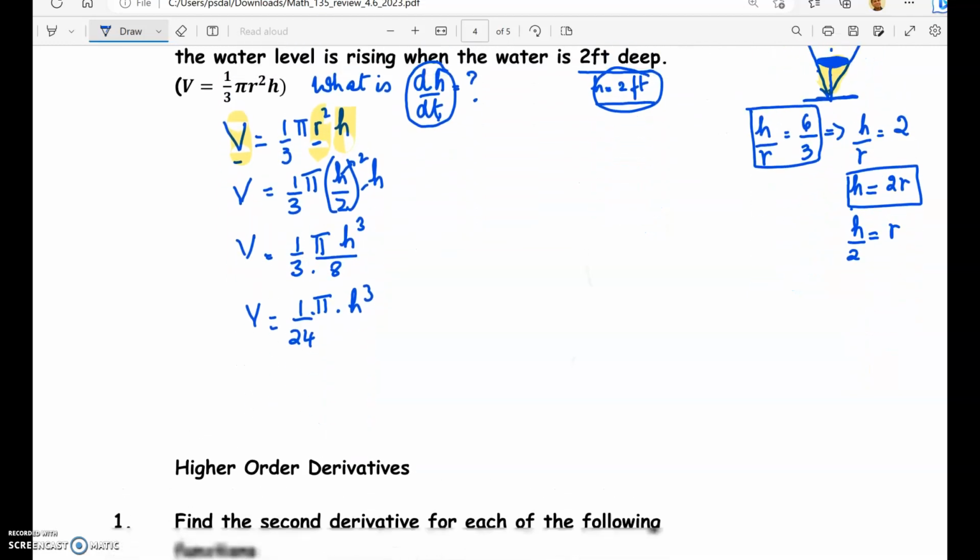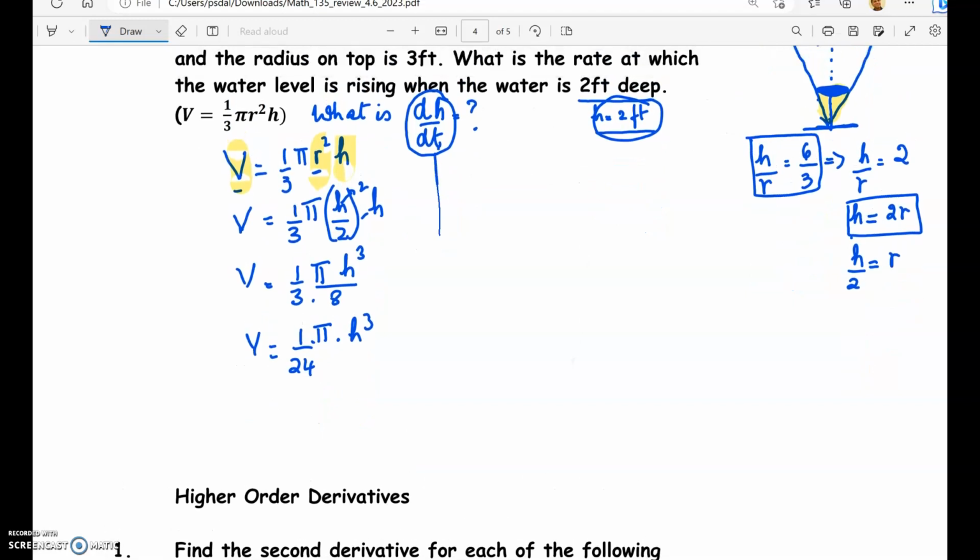So now we'll differentiate both sides with respect to t. So dV by dt is equal to pi over 24, which is a constant, times h, which is also a function of time. So it's going to be 3h squared. Remember, we are using the chain rule, times dh by dt.